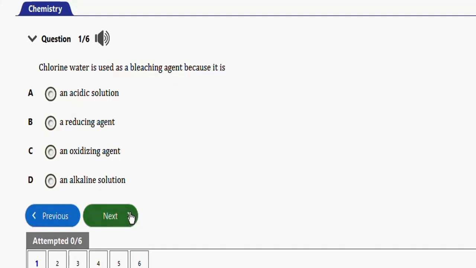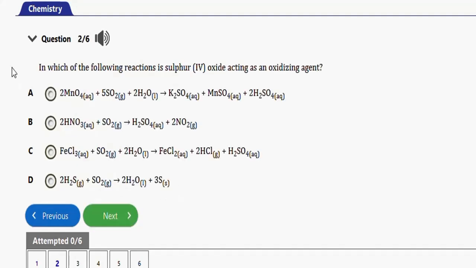The next question will be this one. It says, in which of the following reactions is sulfur(IV) oxide acting as an oxidizing agent? So looking at this first reaction, no, it can't be this first reaction because here the manganese(IV) oxide is being reduced by sulfur(IV) oxide, so it's not being oxidized.